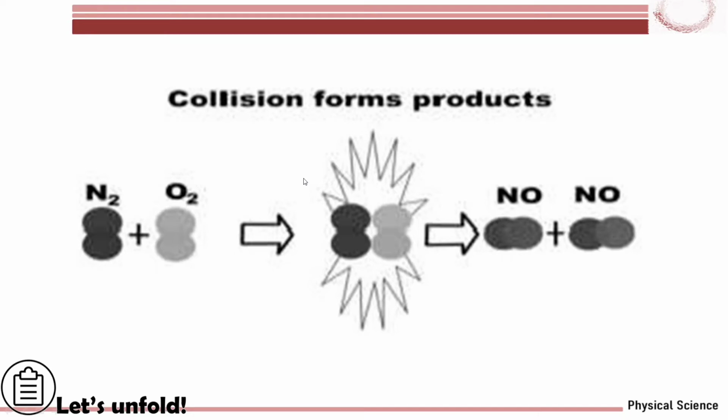So, the condition is that number 1, yung enerhiya ay sapat para ma-overcome nila yung mga bonds between the element para mag-rearrange yung mga atom and you have the new product. And the second condition is that they must have the proper orientation. So, if they do not have the proper orientation, the electrons will not be rearranged. If that happens, then you will not have a new product.